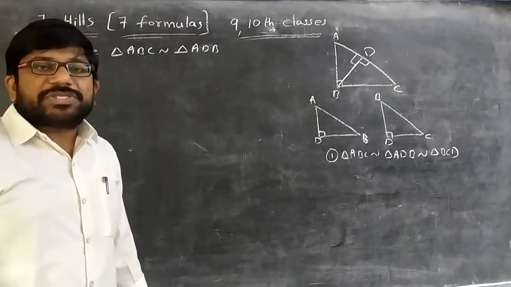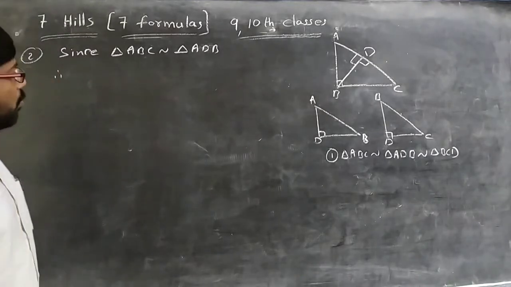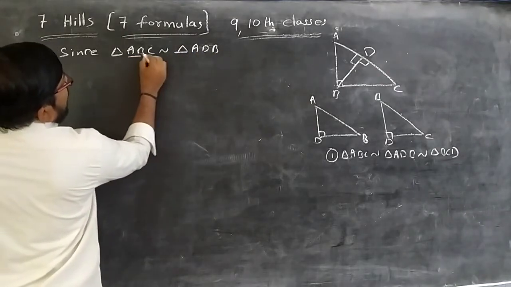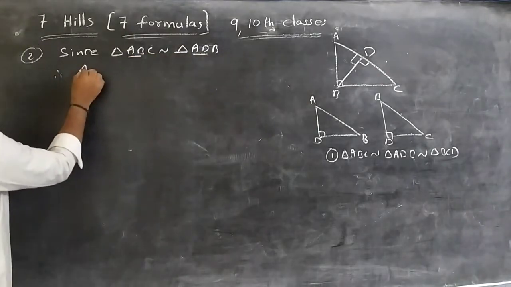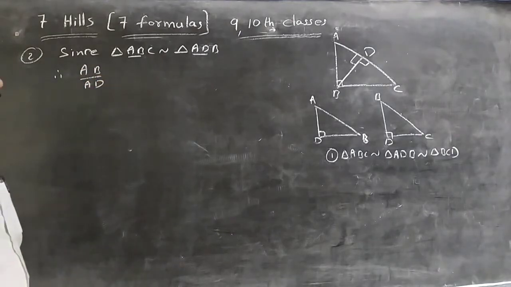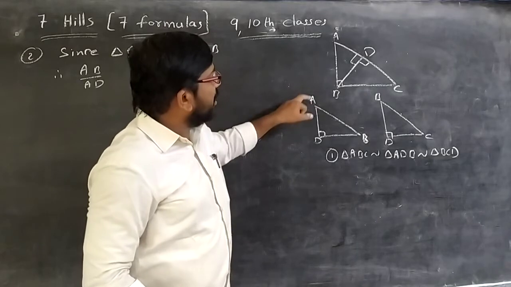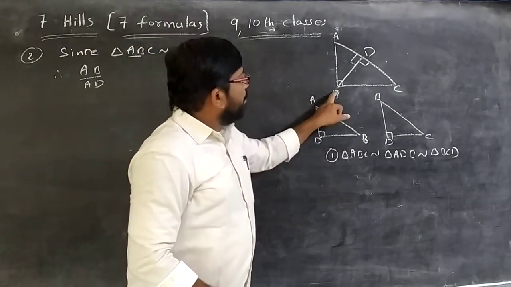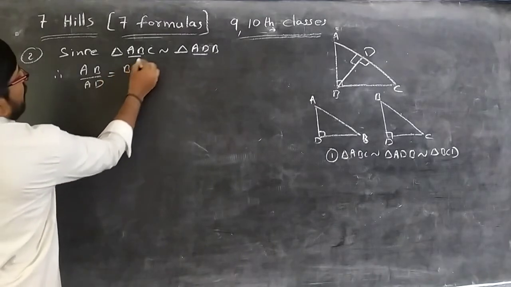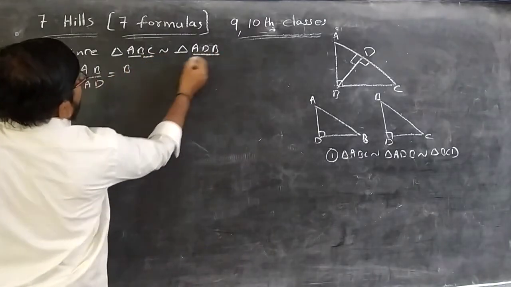So their corresponding sides are in proportion. ABC is similar to ADB, then AB by AD, the corresponding sides, are in the same ratio, AB by AD and BC by DB.